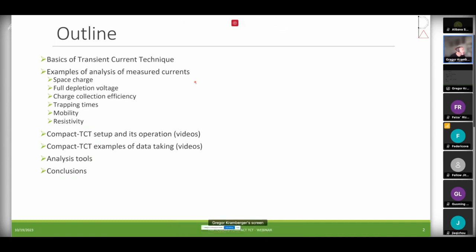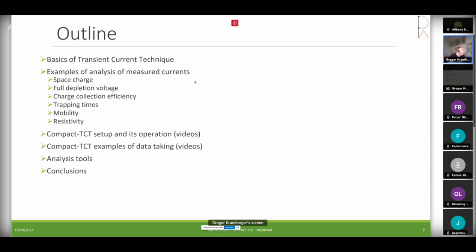measured currents, and we will concentrate mostly on silicon. So we'll have a look at how you see the space charge, how you can determine the full depletion voltage, charge collection efficiency, effective trapping times, let's say mobility, and you can see the effect of changing resistivity.